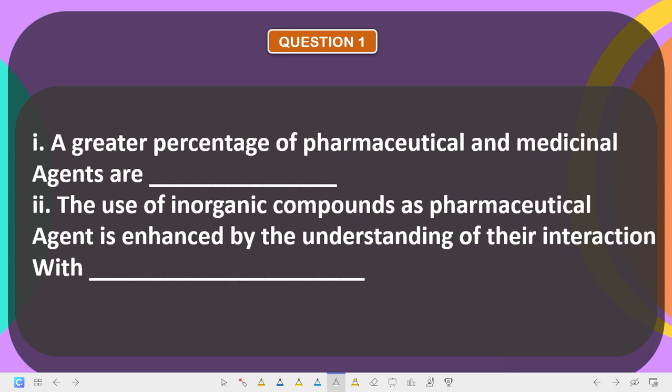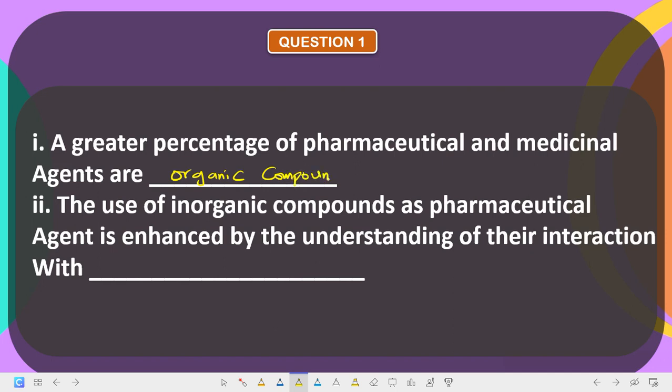Now, question one says a greater percentage of pharmaceutical and medicinal agents are what? The correct answer is organic. They are organic compounds, okay?